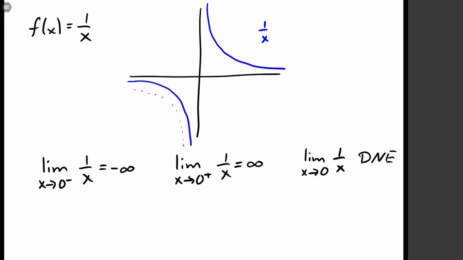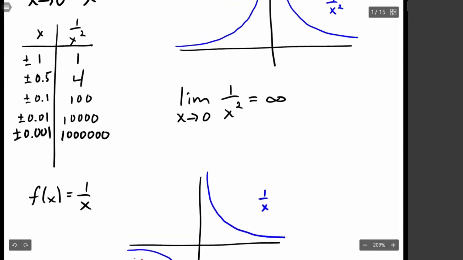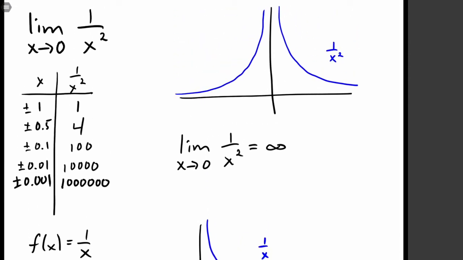So let me finish this off by saying a consequence of having a limit going to infinity. What does this tell us about a function? Well, it tells us that it has a vertical asymptote.